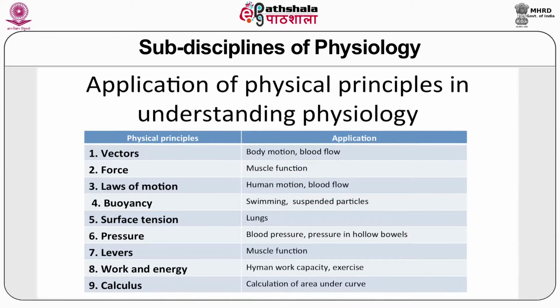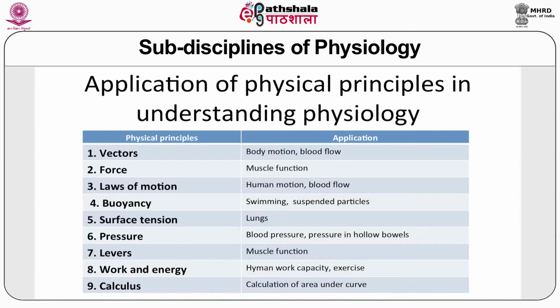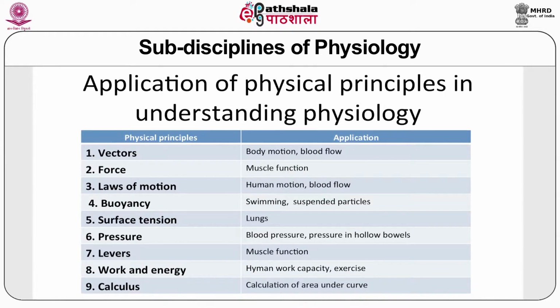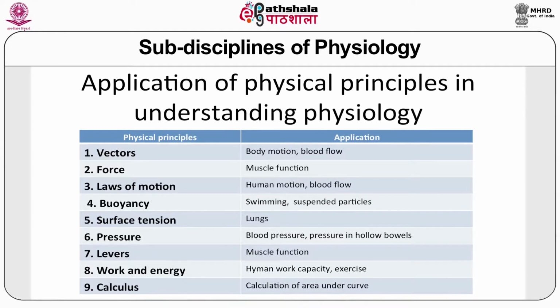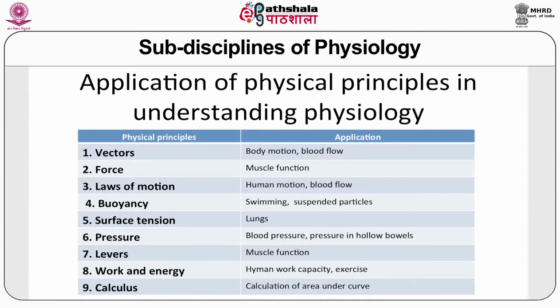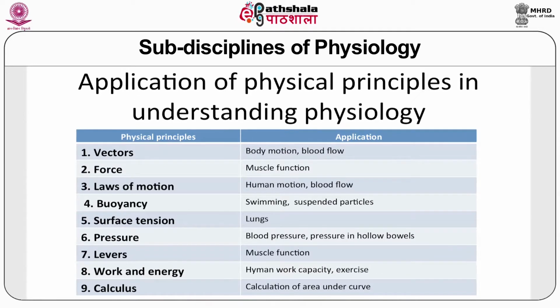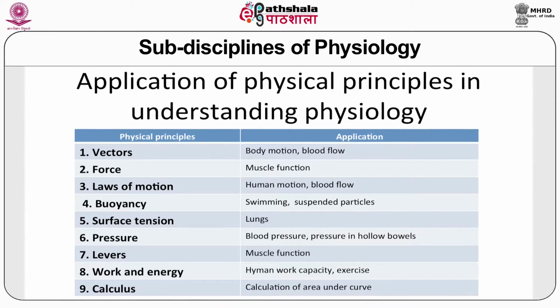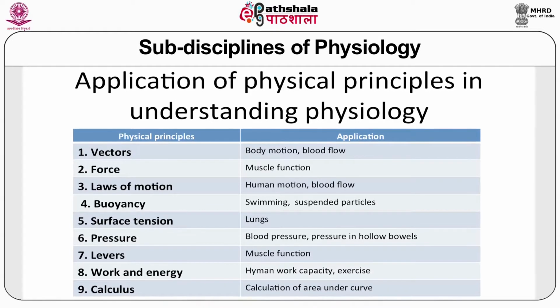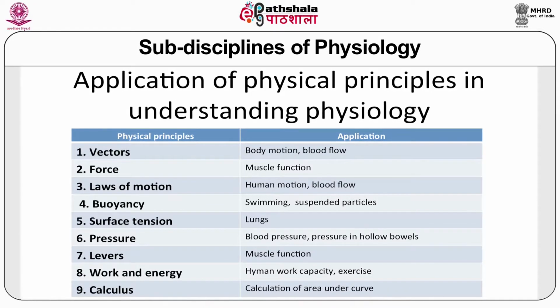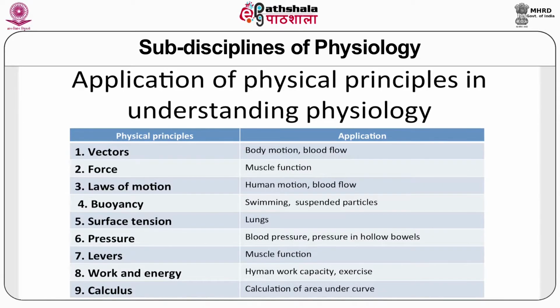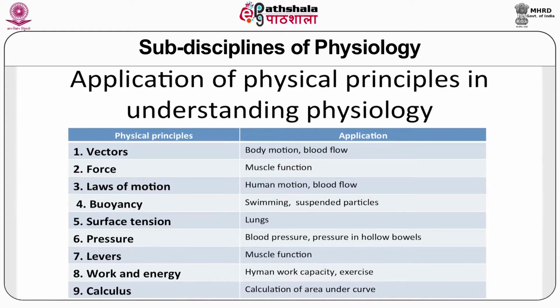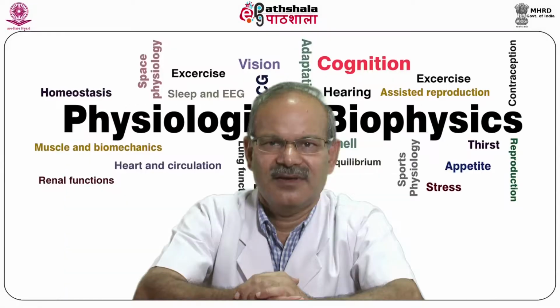For example, physical principles, namely vector and force and their laws of motion, explain the motion created by muscular forces, like doing yoga exercise or running. Surface tension explains beautifully how the alveoli in the lungs are kept patent. There are several other examples where physical principles are used to explain physiology and biophysics.